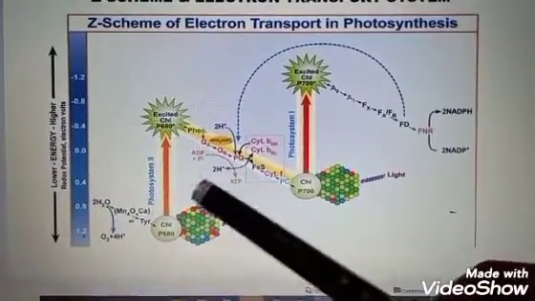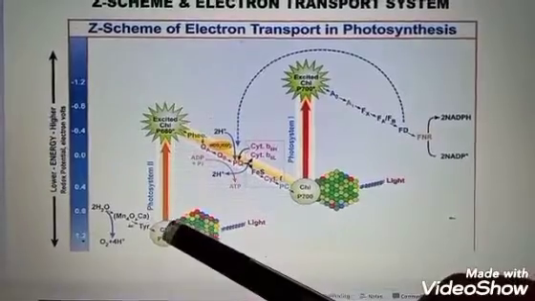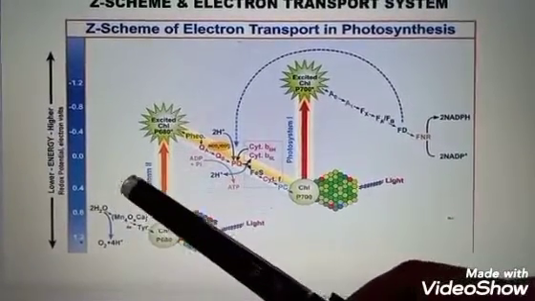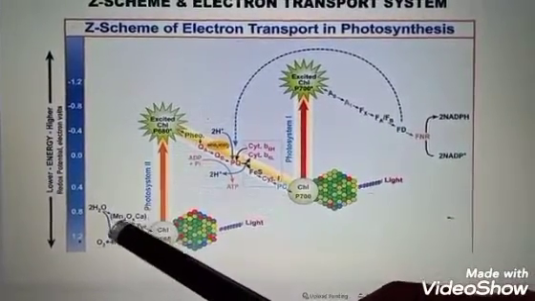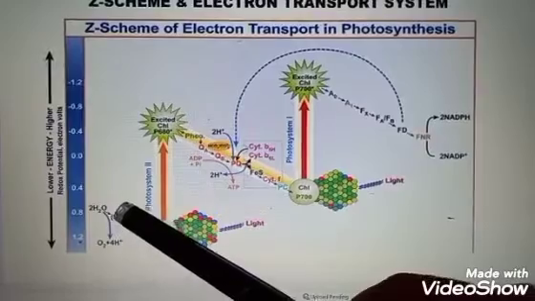non-cyclic photophosphorylation. And the third step that occurs here is the photolysis of the water molecule, that is the breakdown of the water molecule in the presence of light.